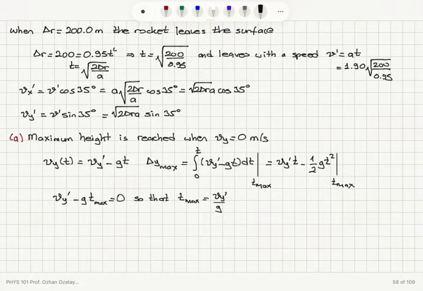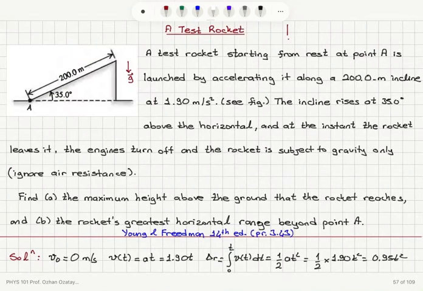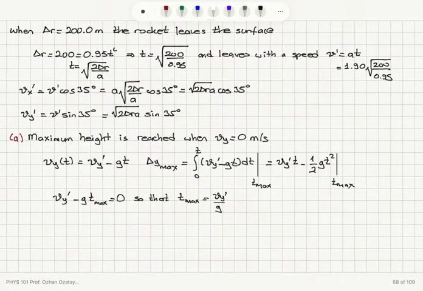So the maximum height is reached when the time is equal to t max, which is Vy prime over g. Of course, I have reset the timer to t equals 0 to be the time when it leaves this incline. So this is t equals 0, and then at t max it reaches the maximum and it's going to fall down.